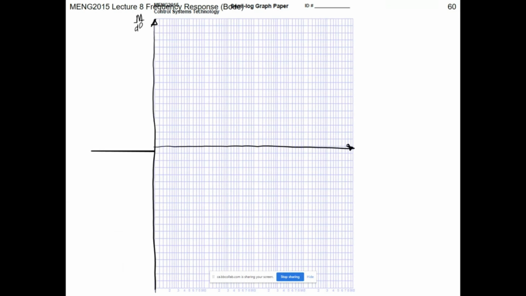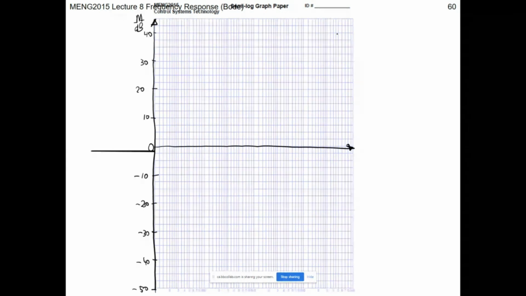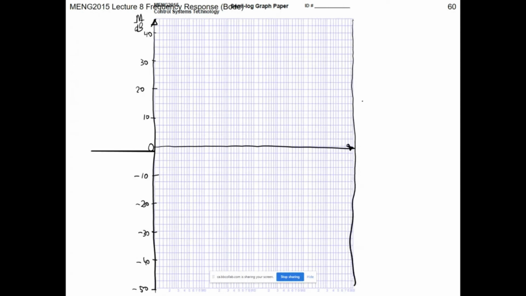So now I can draw that here on my semi-log paper. This is our magnitude in decibels here, so this is decibels on the left side. On the right side, we're going to have our phase line. Use a ruler when you do yours. This is degrees, and we're lining up 0 dBs with minus 180 degrees.